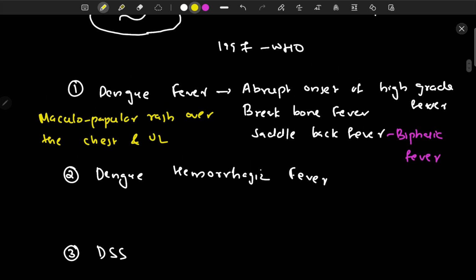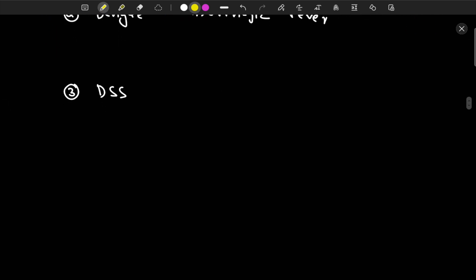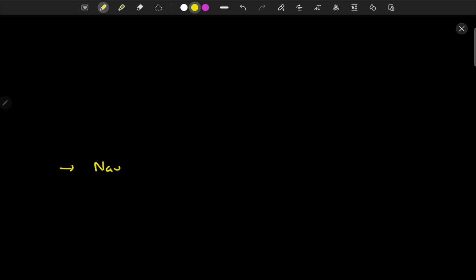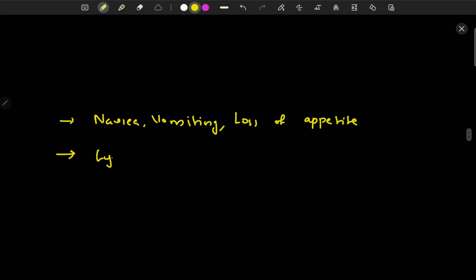And then in dengue fever itself, there is nausea, vomiting. So the patient will present with nausea, vomiting, and loss of appetite. Then he may present with lymphadenopathy.